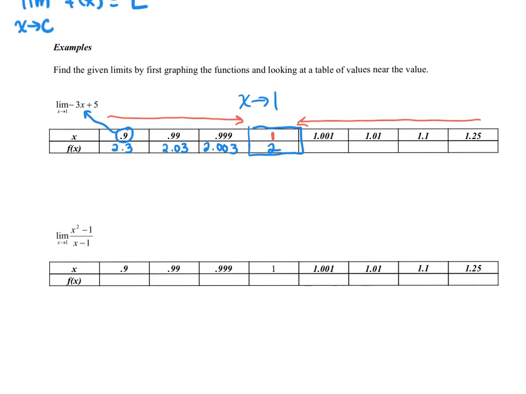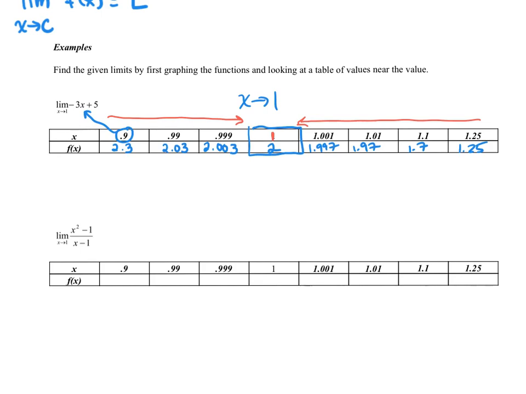1.001, if I plug that in, I get 1.997. If I plug in 1.01, I get 1.97. If I plug in 1.1, I get 1.7. Again, just plug it into that function. And 1.25 will give me 1.25.